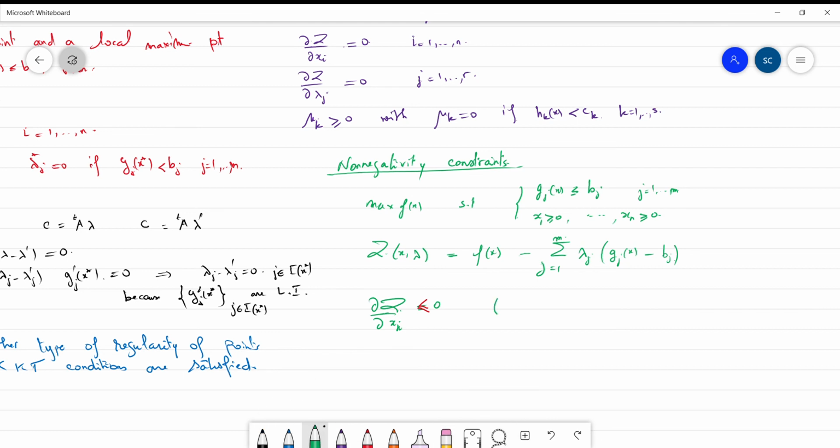And equal 0 if you have x_i strictly positive, and you do that for i to n. And we have lambda g positive, with lambda g equal 0 if g_g of x is strictly less than b_g. Okay, so this is the idea of how to solve those categories.